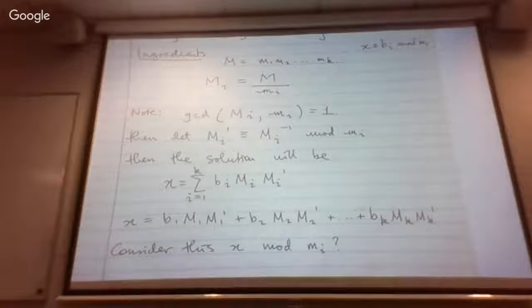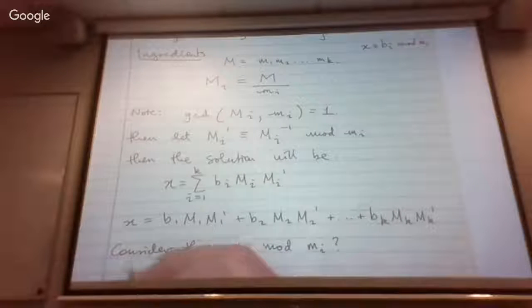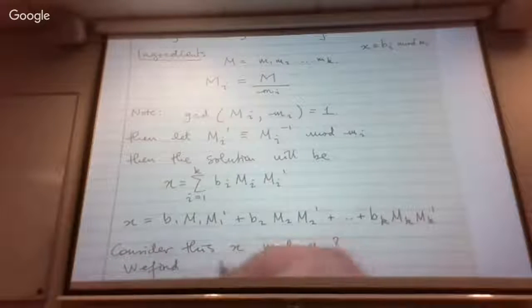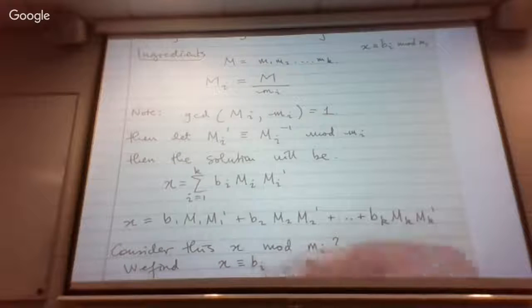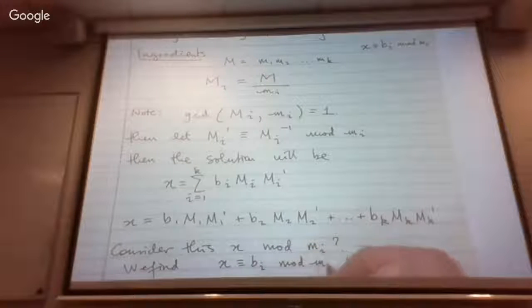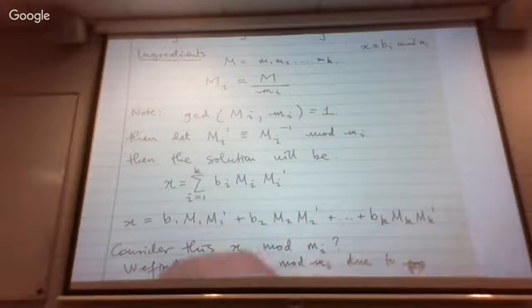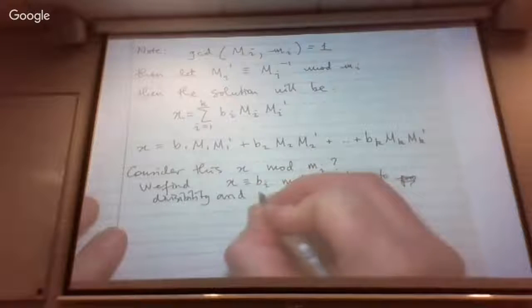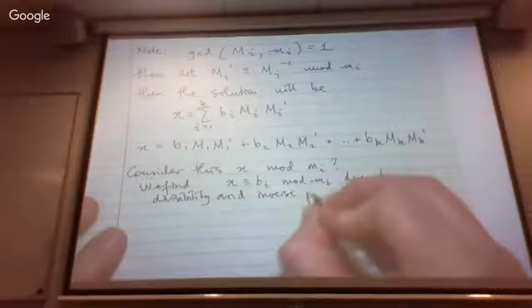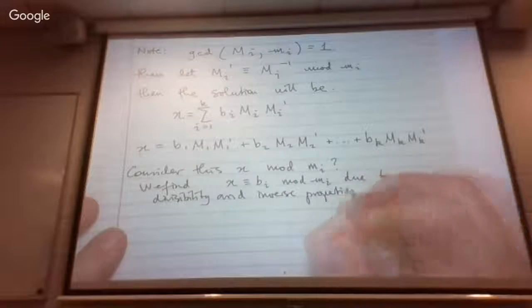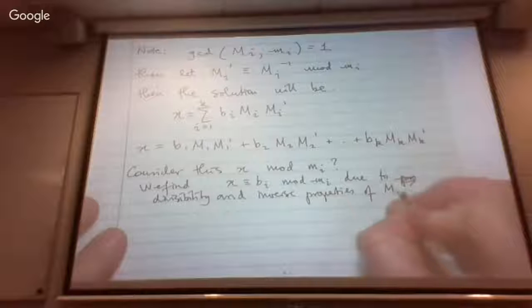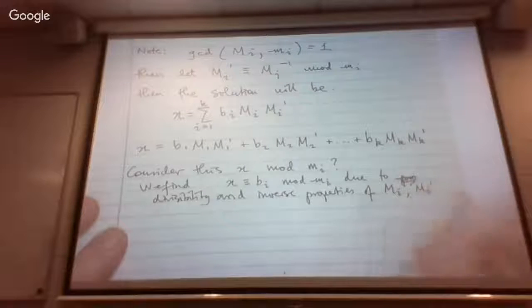So this formula, if you like, constructs a solution. We find that x is congruent to Bi modulo little mi due to the divisibility and inverse properties of capital Mi and capital Mi prime.